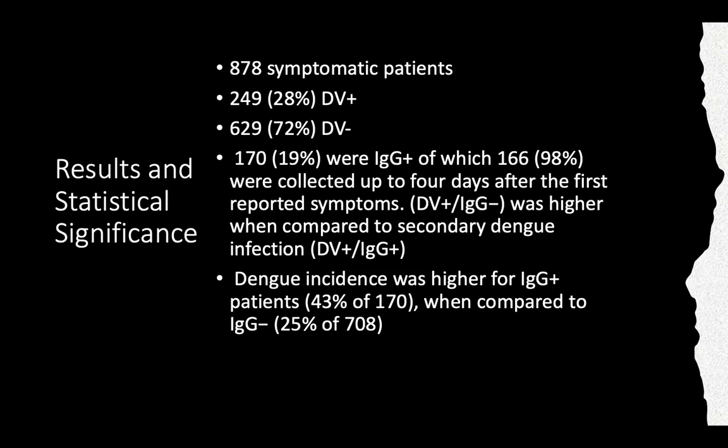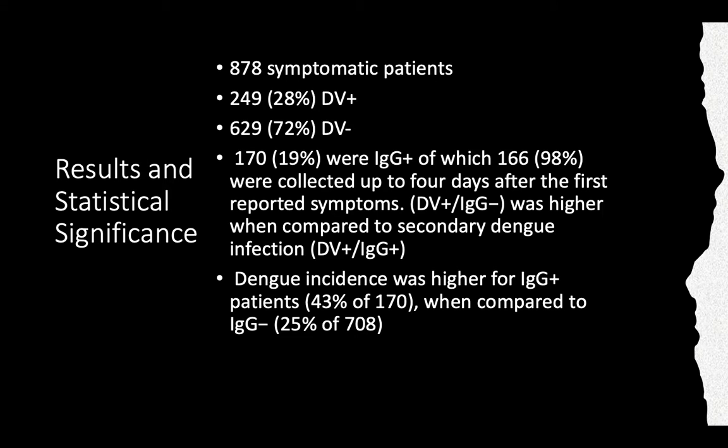Results and statistical significance. Of the 878 total symptomatic patients, only 249 were dengue virus positive. 629 were dengue virus negative, 170 were immunoglobulin G positive, of which 166 were collected up to 4 days after the first reported symptom.